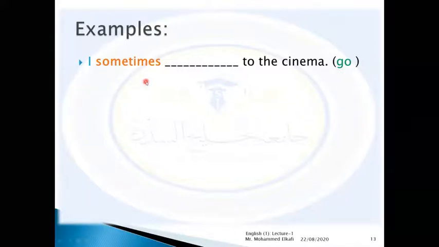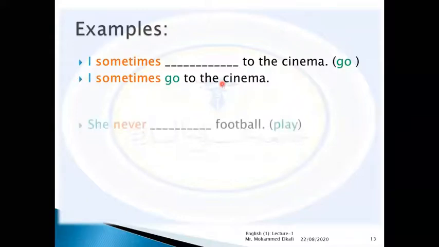But if we have I, you, we, they, we should just put the base form of the verb. Here the subject is I, so we say, "I sometimes go to the cinema." Excellent, you are right.